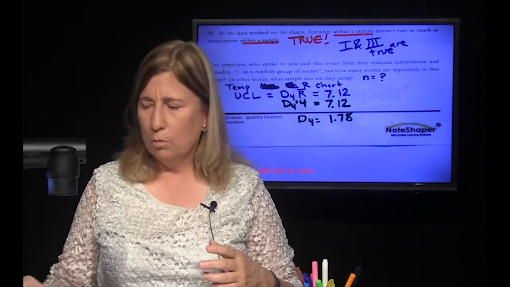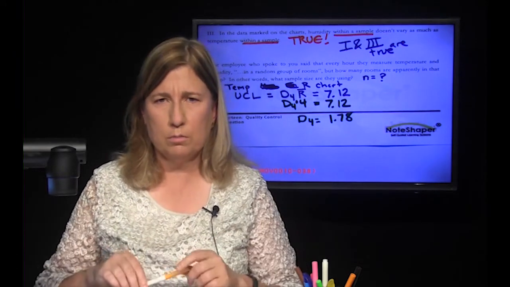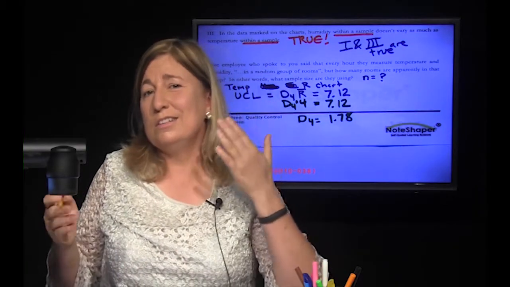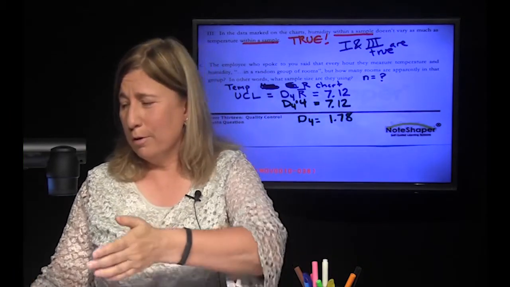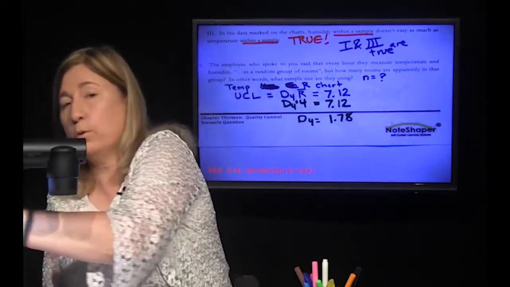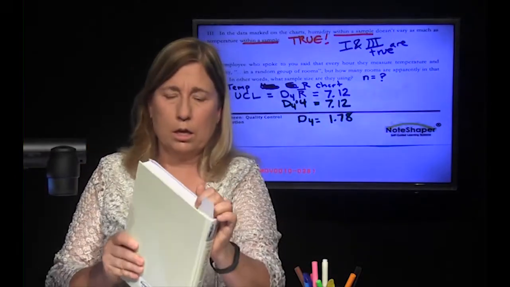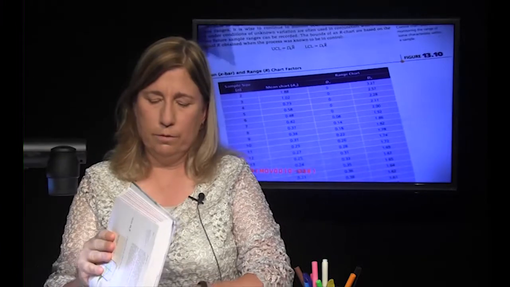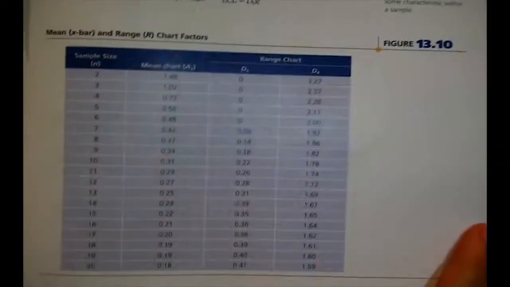You might be thinking, well, what's this got to do with the number of rooms that were in their sample? Well, where did they get the D4 factor from? How about page 461, I think, of the textbook. They got the D4 from this chart right here.